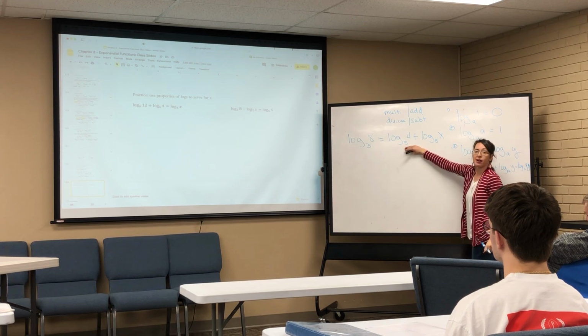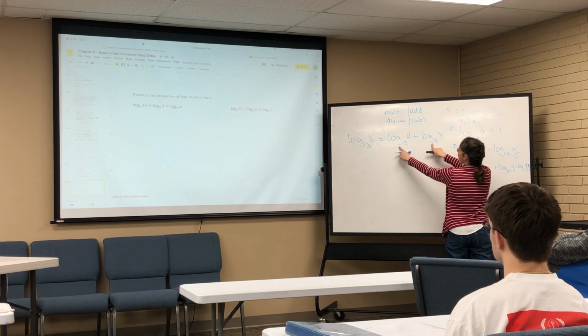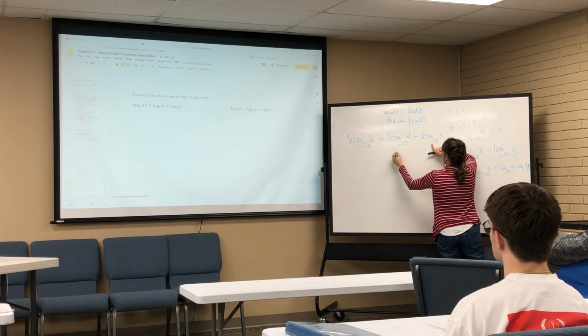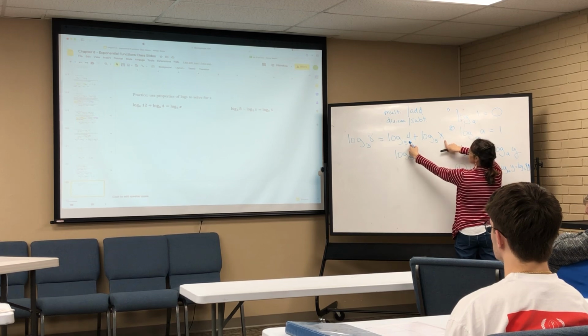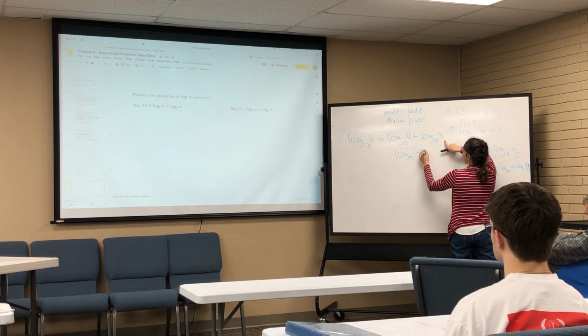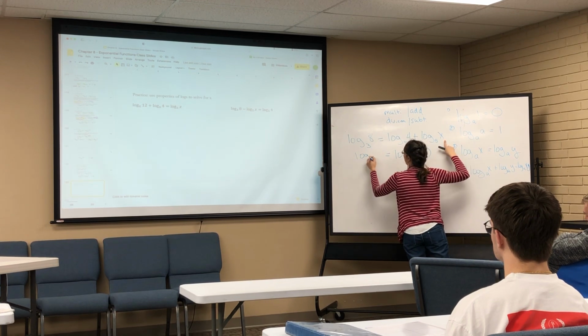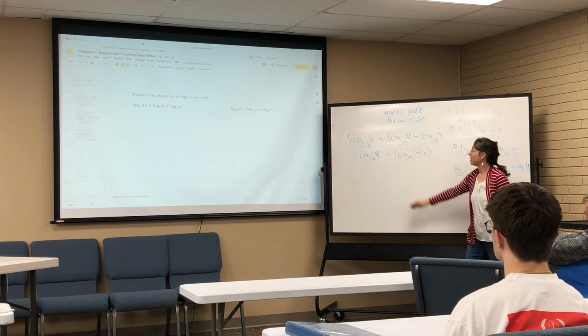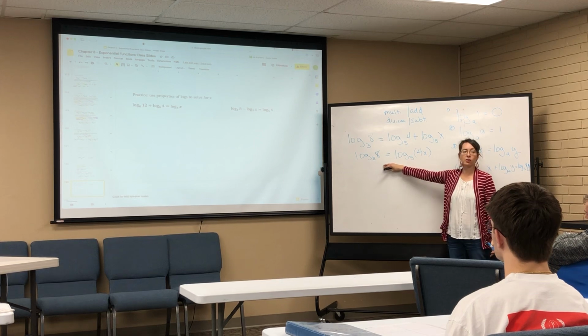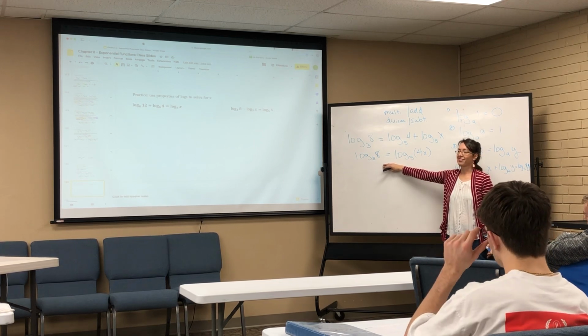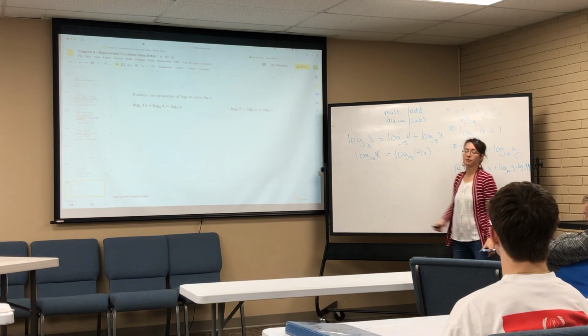Can we simplify our right side? Yes, our log 5s match. I have addition, which means I do what to the numbers? Multiply. So I now have 4x is equal to log 3 of 8. You cannot simplify this any further. That would be fully simplified.